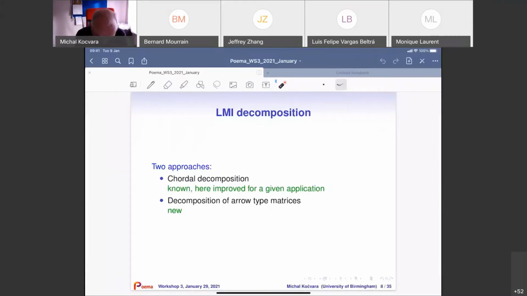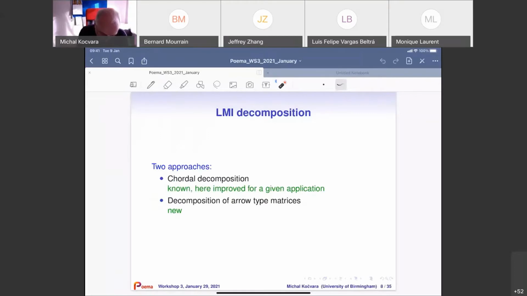And I will try to show that it can actually be improved for the part of application which I will be using. And the other type of decomposition will be new. I will assume a special structure of the matrix, arrow type matrices, and then in that case we will see we can get rid of the assumption of chordality.